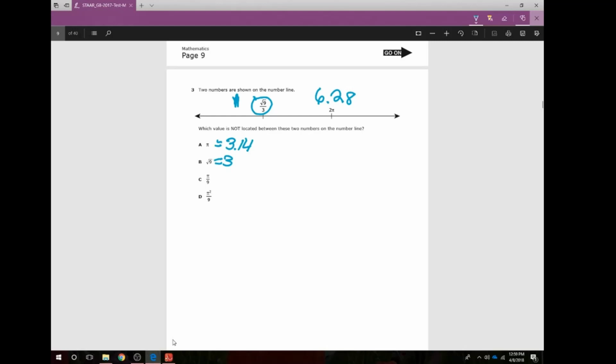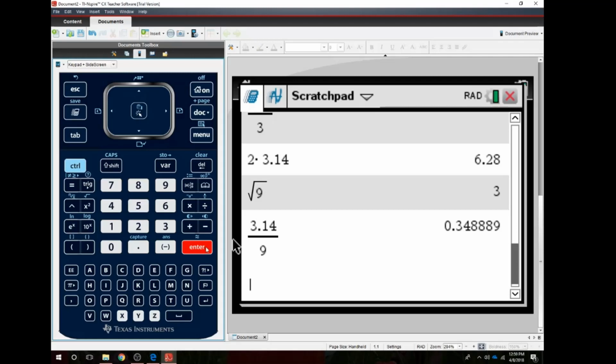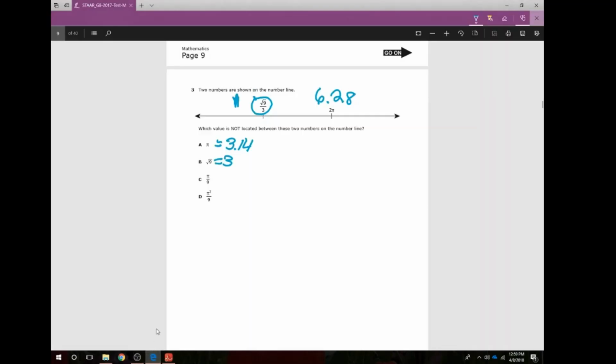All right, choice C is pi divided by 9, or pi over 9. This is a fraction. We remember that all fractions are divide. So do 3.14 divided by 9. It gives me 0.35.